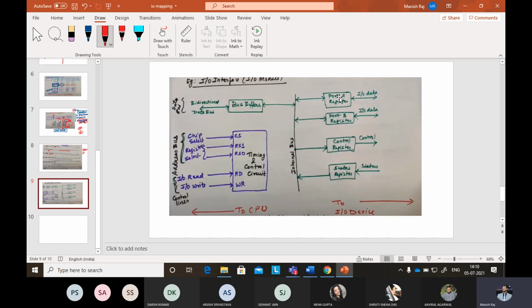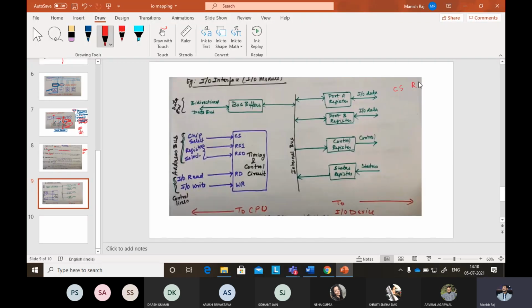The register select means you have four choices: if you want to send data to port A, port B, the control register or the status register. So why do we choose RS1 or RS0? Now I am taking a table.